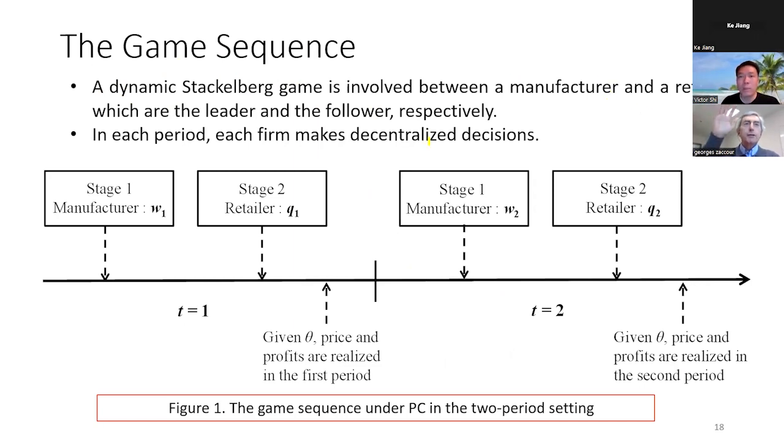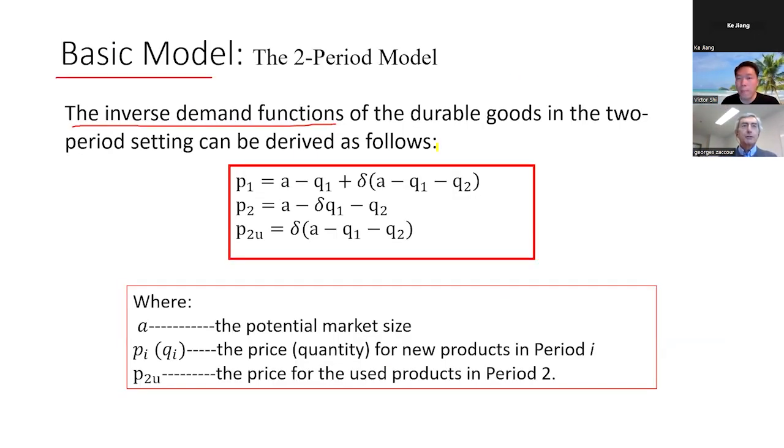In fact, Victor, I would like you to comment a little on the demand functions, especially the inverse demand P2. If you can say a few words on why this specification of P2 equals A minus delta Q1 minus Q2? That's another good question.